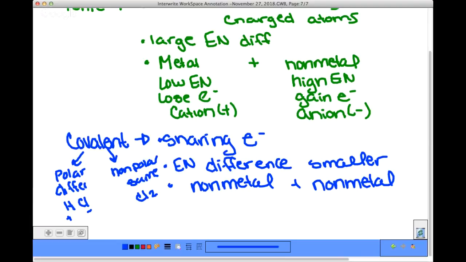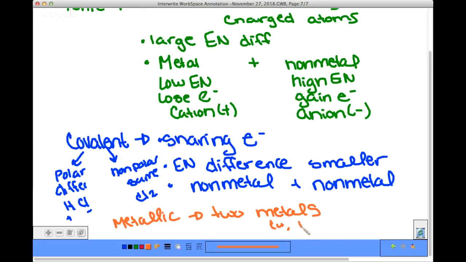The last type of bonding that you should know is going to be metallic. So metallic is between two metals, or it's involved with any metals, so like copper, iron, they are going to have what's called a metallic bond.